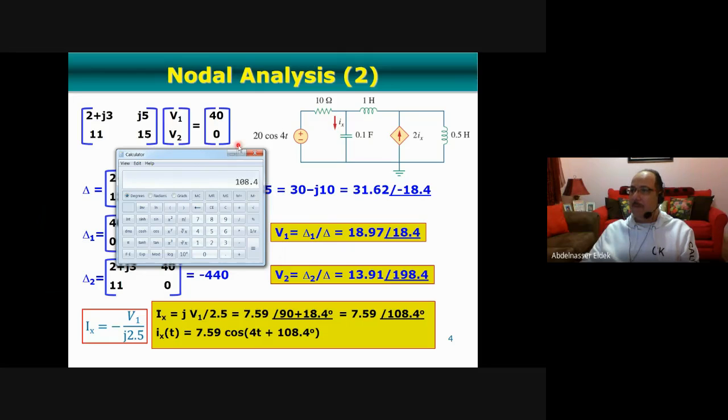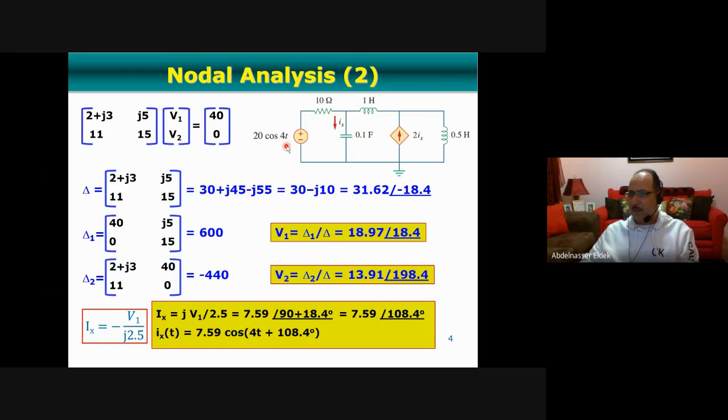Okay, so if this is Ix, then you can convert it back to ix of t in the time domain by having this 7.59 cosine 4t, plus this angle.